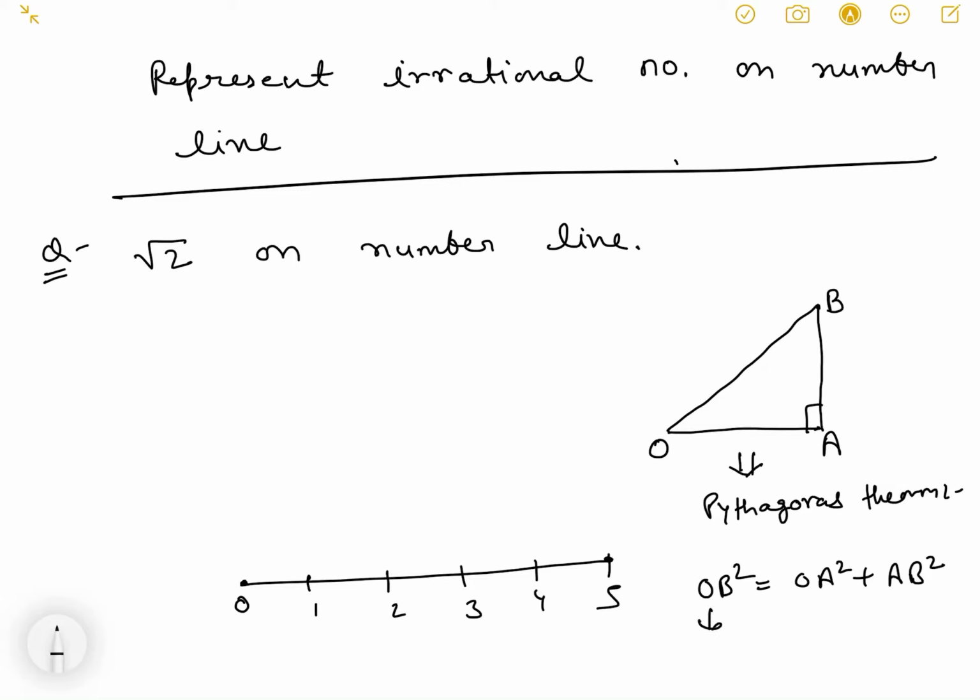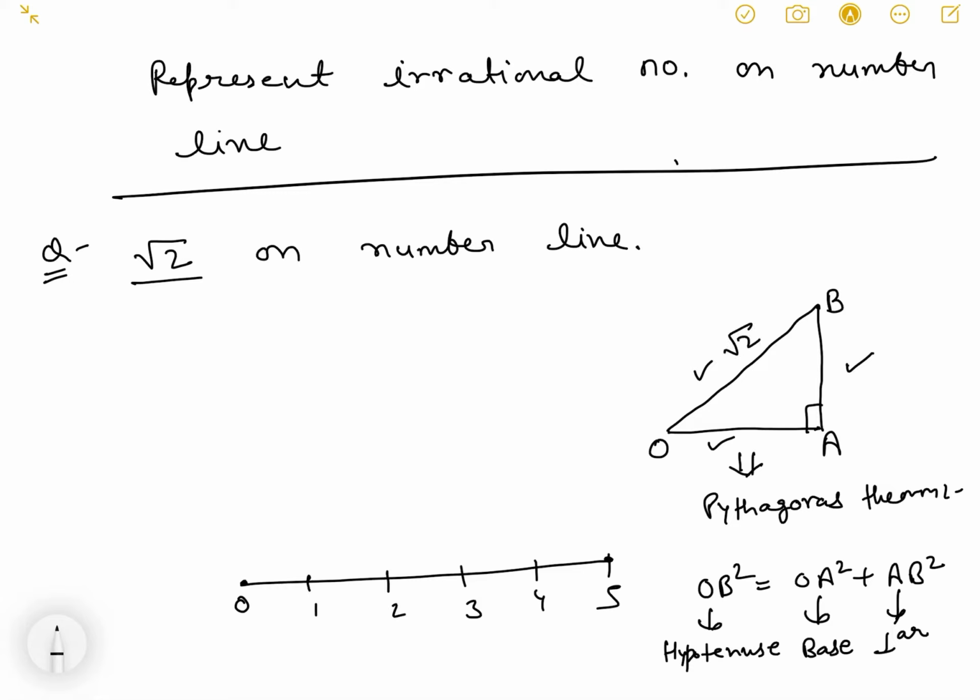OB is the hypotenuse, OA is the base and AB is the perpendicular. So the number which we have to represent on the number line, we will put on the hypotenuse side.